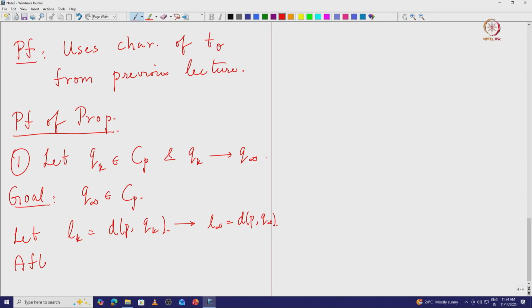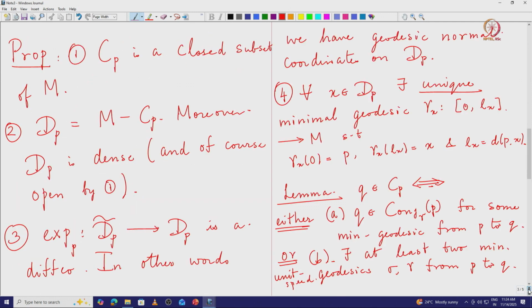Now after passing to a subsequence, because Qk's are points in the cut locus, by this lemma either A should hold or B should hold.